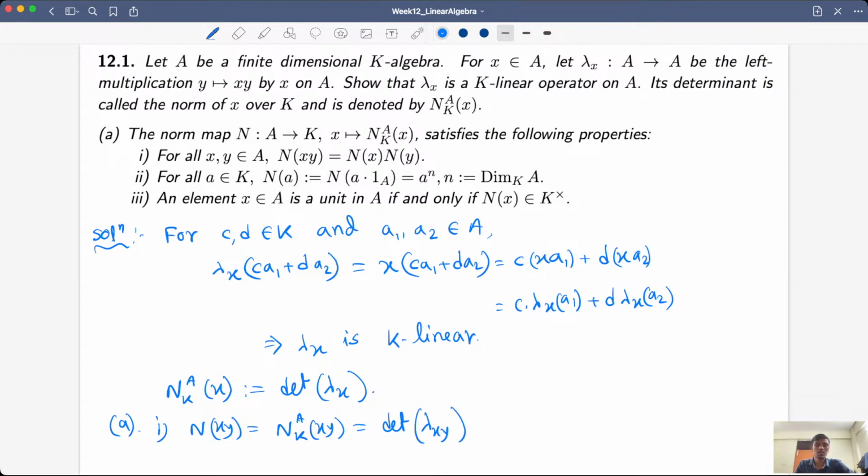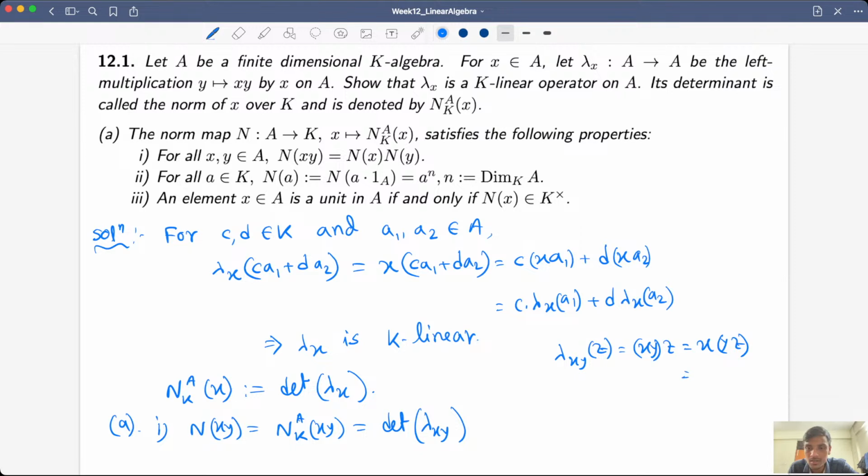But note that lambda xy is the same as lambda x times lambda y. Why? This is simple. Lambda xy of any z is xy then z, but due to the associativity, this is the same as x(yz).